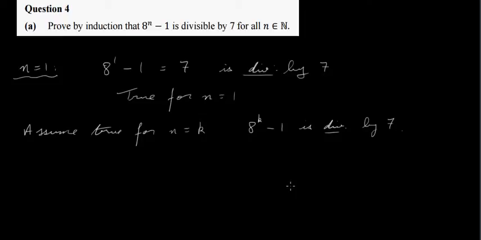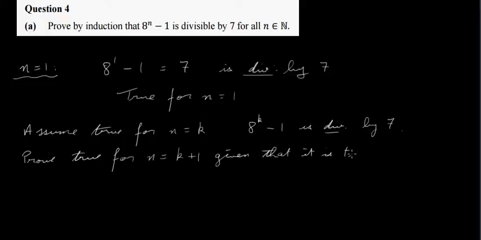We're assuming this is true. So what we want to do then is prove that it is true for n is equal to k plus 1, given that it is true for n is equal to k.